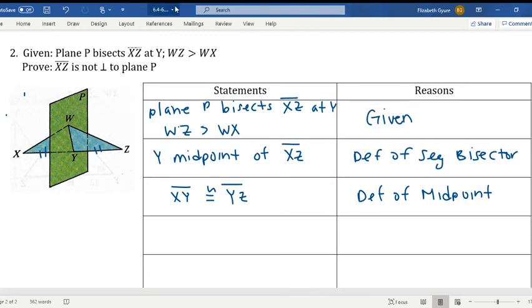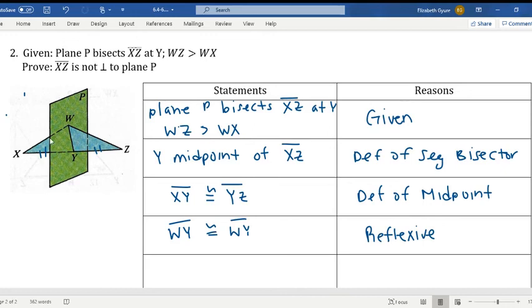Where's our other set of congruent sides? Because we need two sets of sides here. Braden? Yep, that's our shared side there. So we're going to have that segment WY is congruent to segment WY. There's our reflexive property. Good.